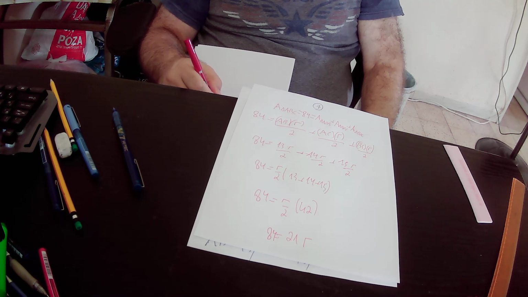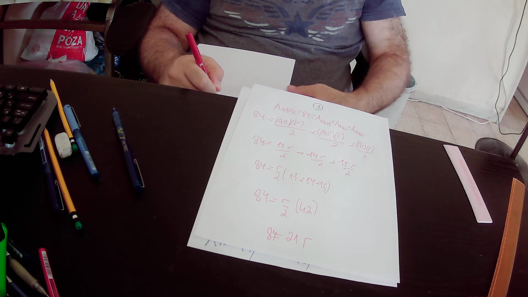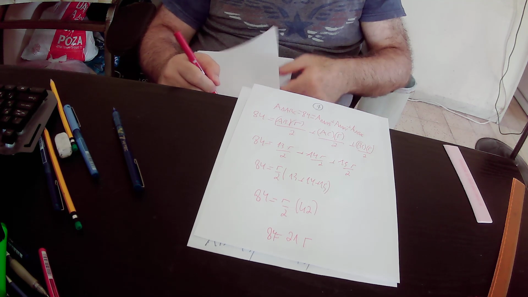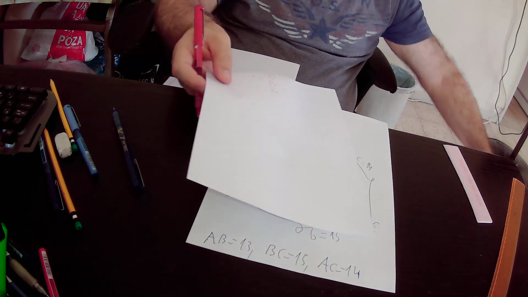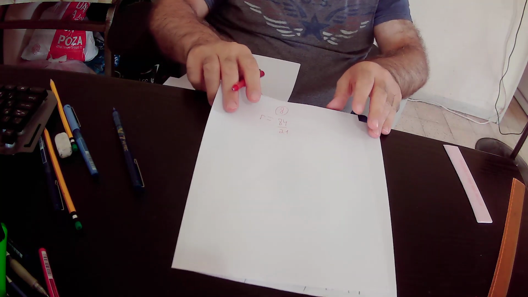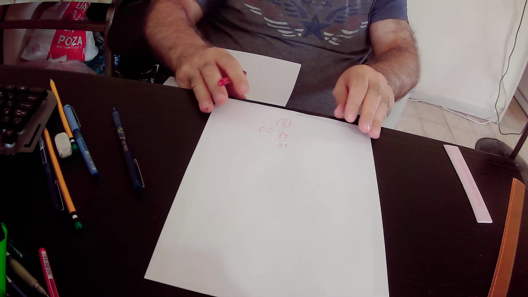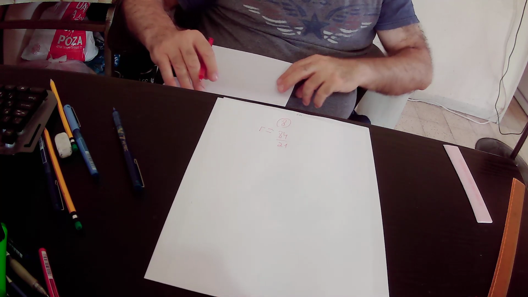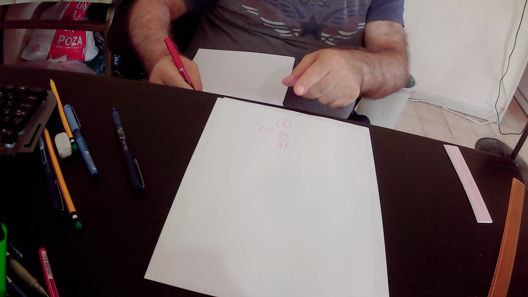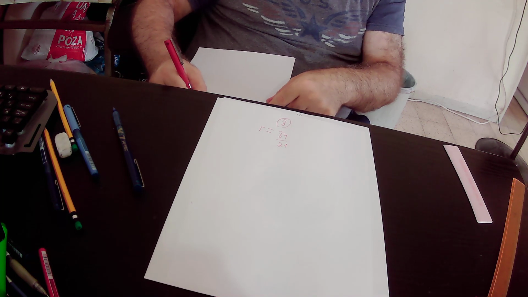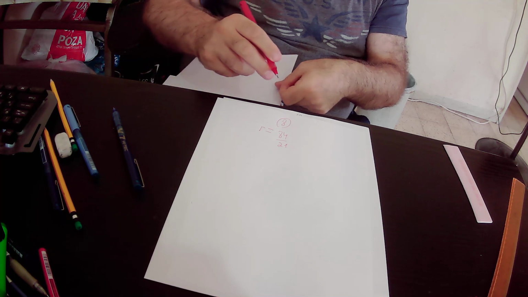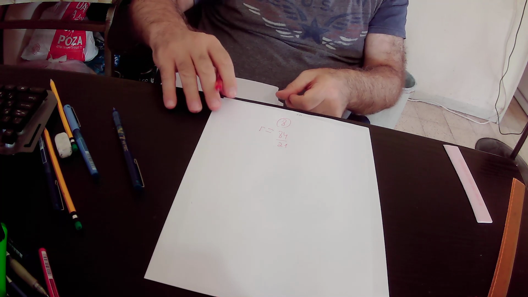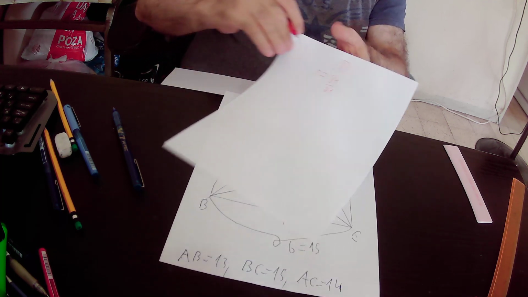We will get that the radius of the green circle equals 84 over 21, and 84 over 21 is 4, so I'll write it down.